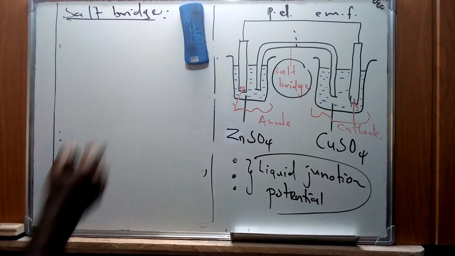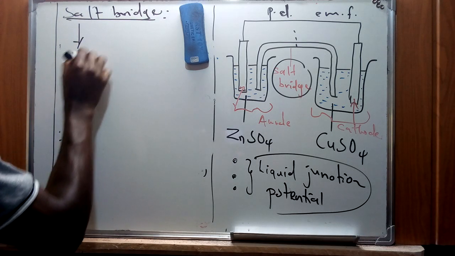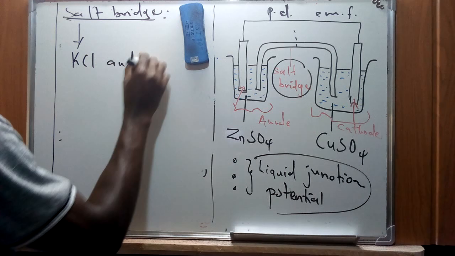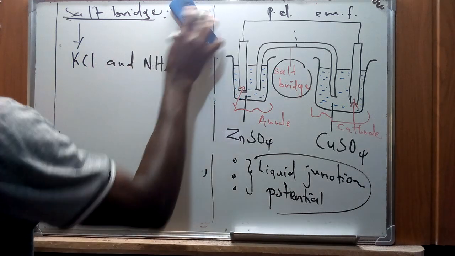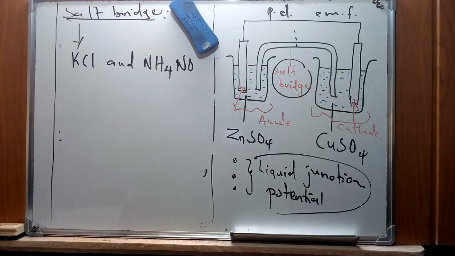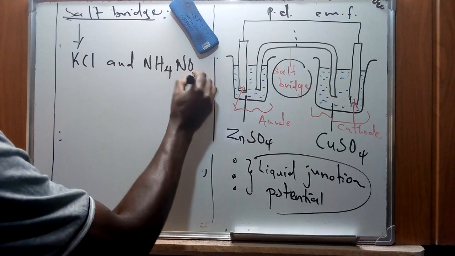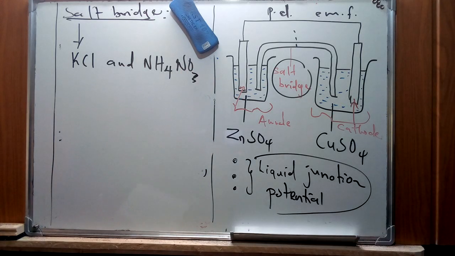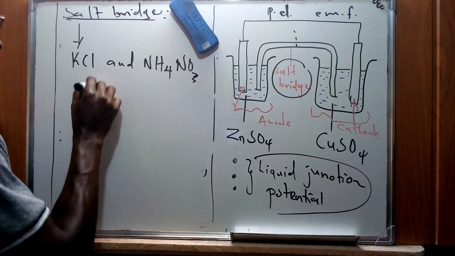This salt bridge is made up of potassium chloride and ammonium nitrate, which is compounded with lithium acetate between the two solutions.